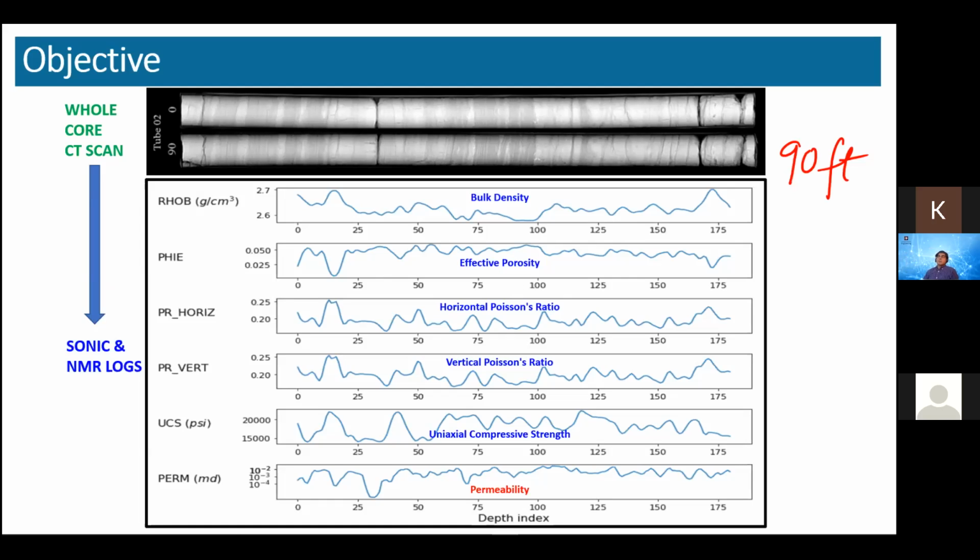So in this case, you calculated these properties based on the pixels of each slice. Yes, there are 40,000 slices. Each slice has 2,000 by 2,000 pixels.